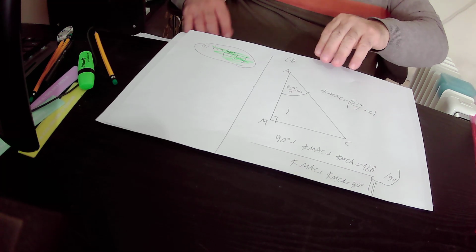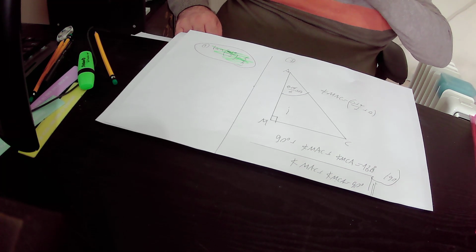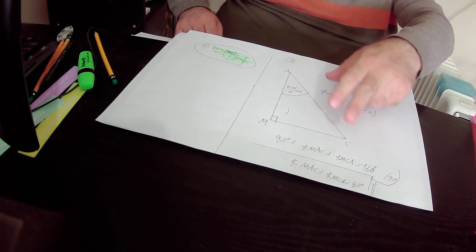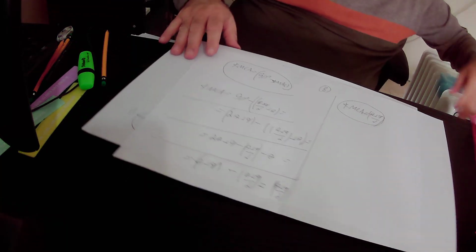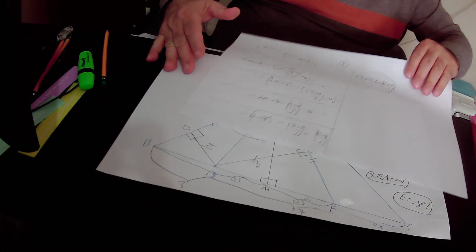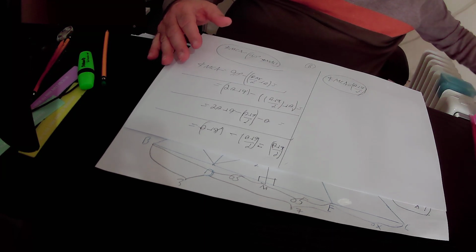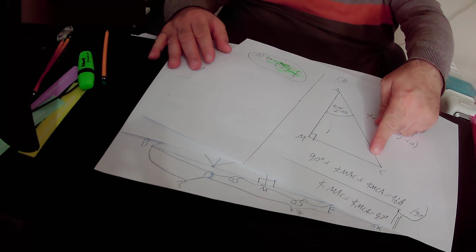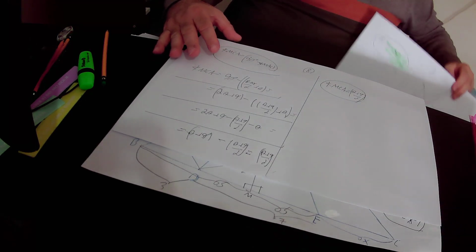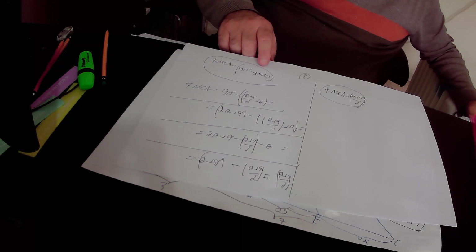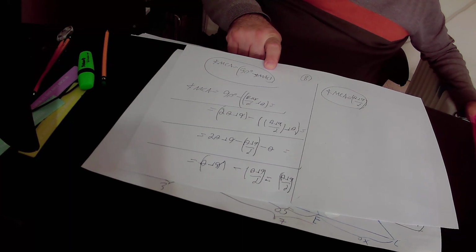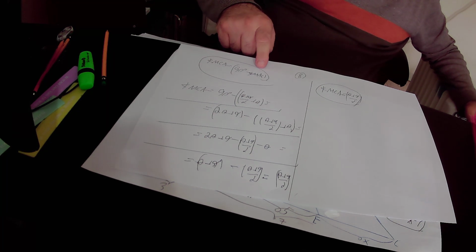We subtracted 90 degrees from this equation and we got that angle MAC plus angle MCA must be equal to 90 degrees. Then we subtracted angle MAC from this equation and we found out that the angle that we are looking for, angle MCA, is equal to 90 degrees minus angle MAC.